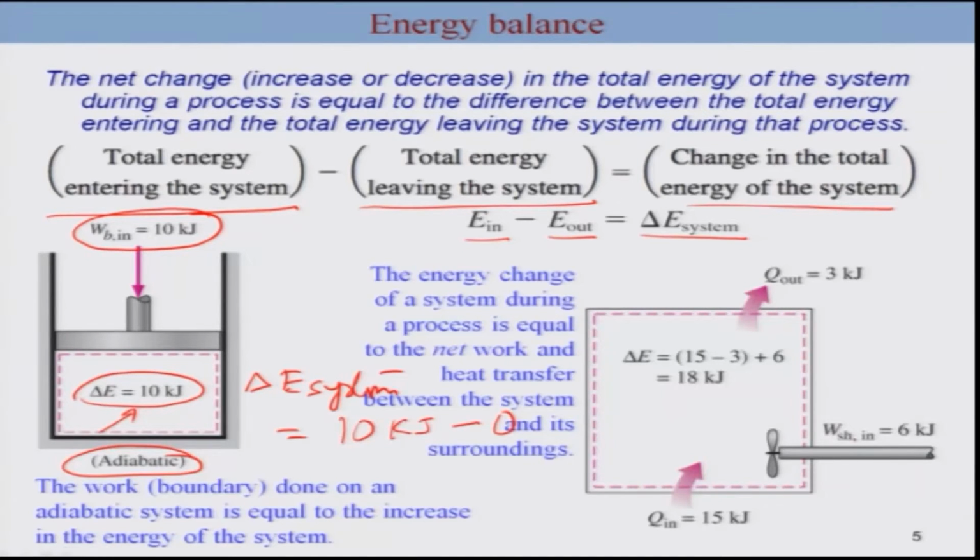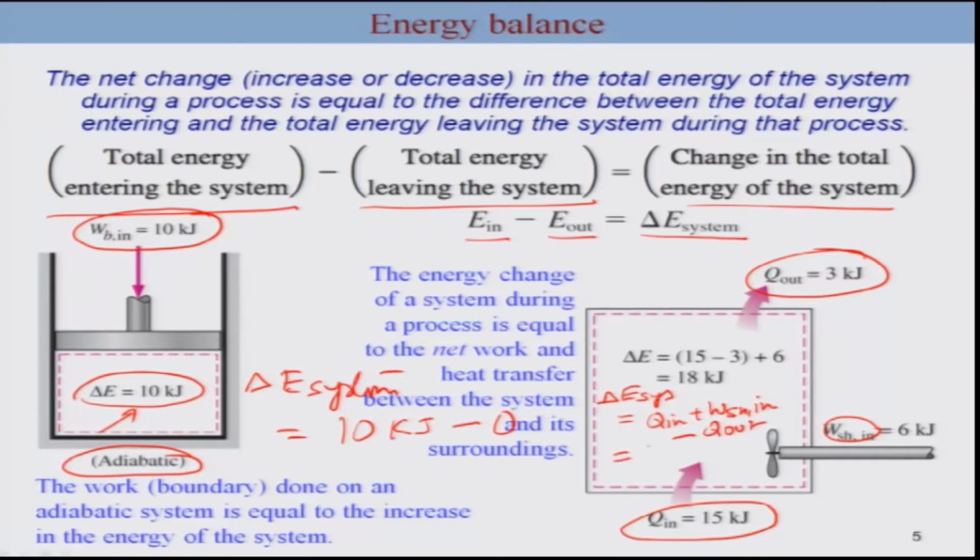Here you have a shaft in. Work due to shaft in means you are doing work on the system, and then you have a Q in as well as Q out. Now what is the delta E system, the change in the system? Delta E system should be E in, which is Q in plus W shaft in, minus E out, which in this case is Q out.